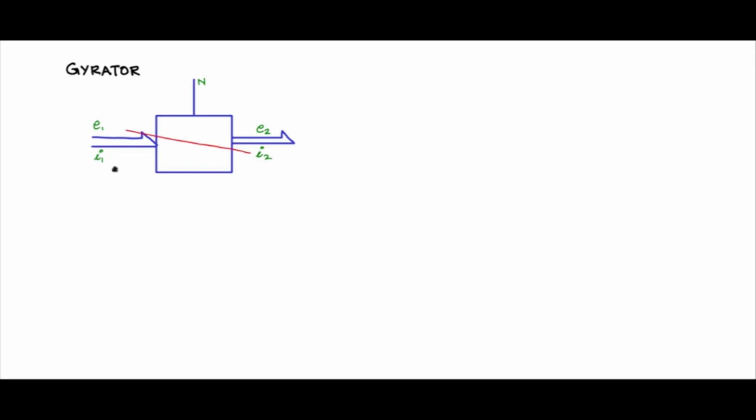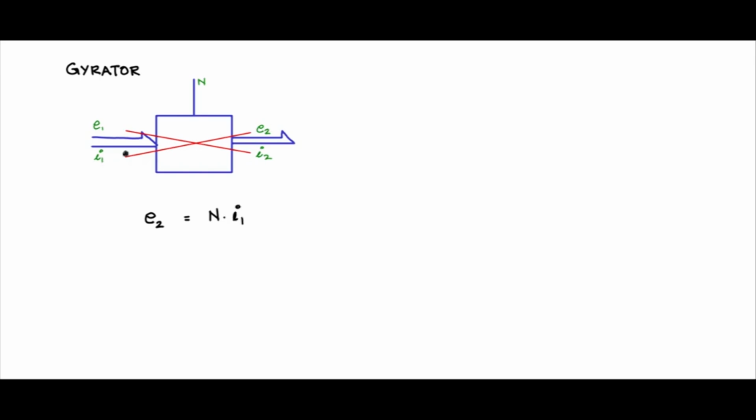So if we look at the potential variable E1 and the variable I2, that is the output kinetic variable, the relationship is in this fashion. And these two, E2 and I1, are related using this parameter N. So it is N into the parameter I1.